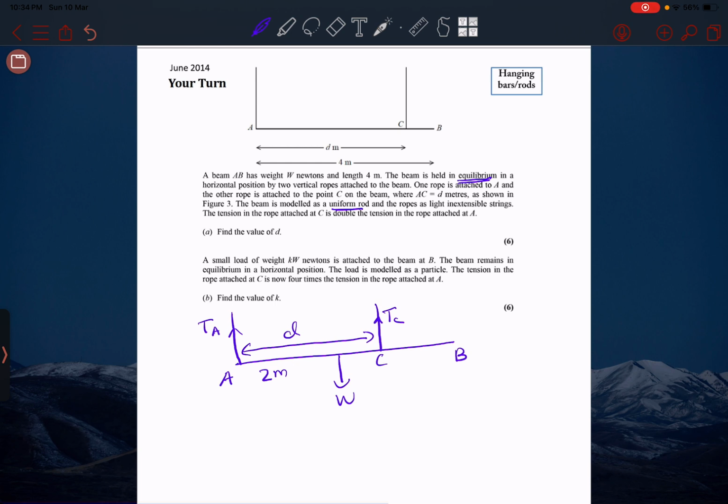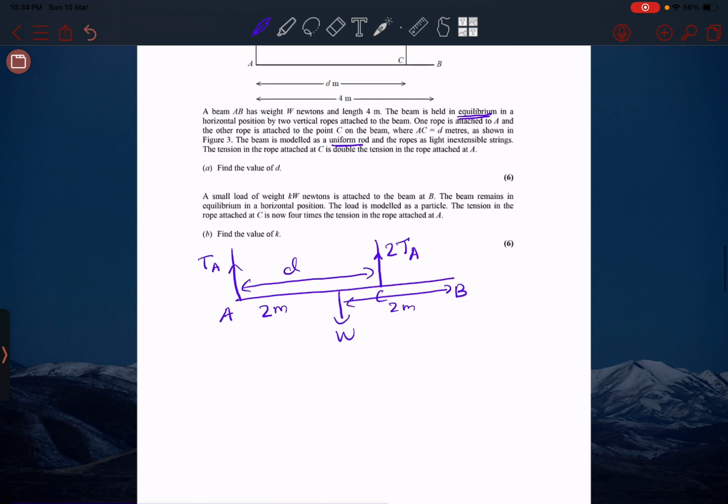You know that this much is 2 meters. The beam is modeled as a uniform rod, and the ropes as light inextensible strings. The tension in the rope at C is double the tension at A, so TC is 2TA. We have to find the value of D.